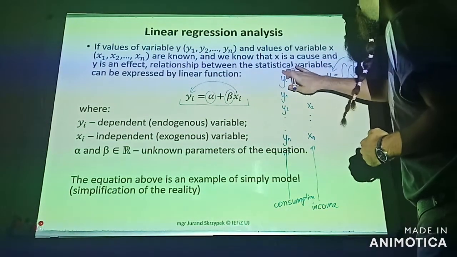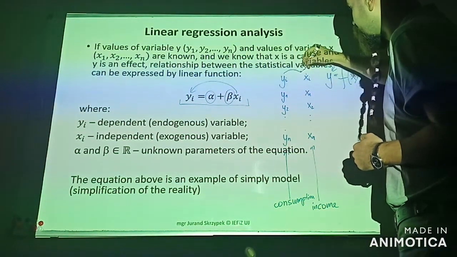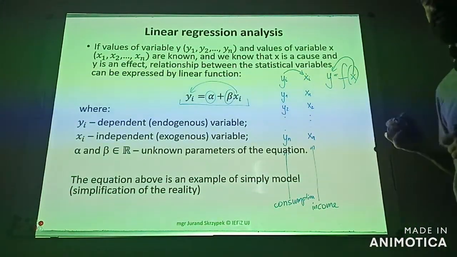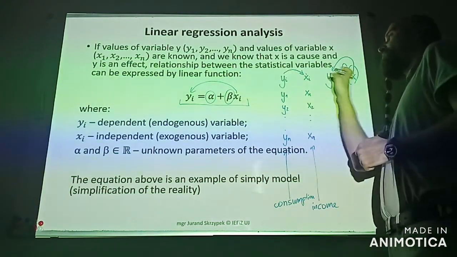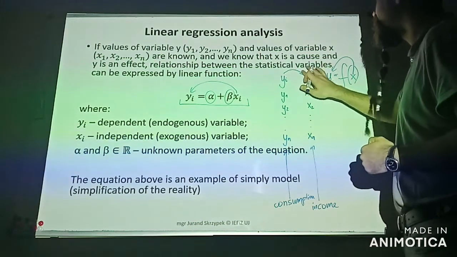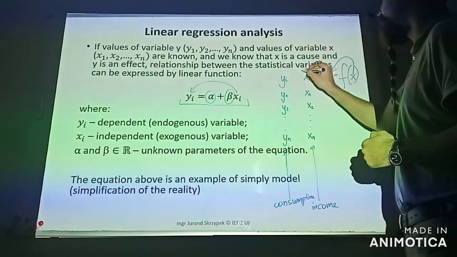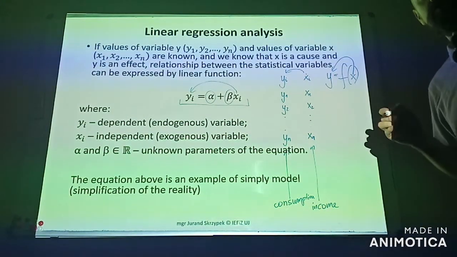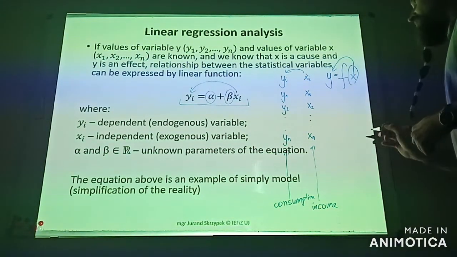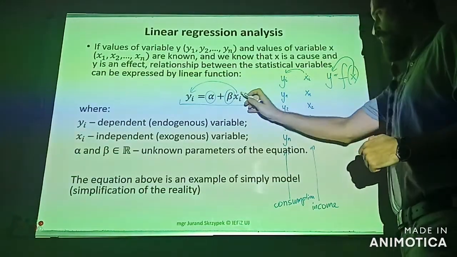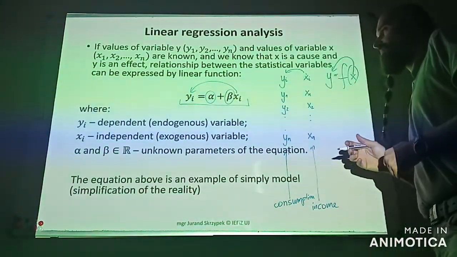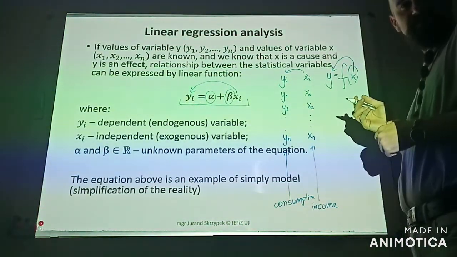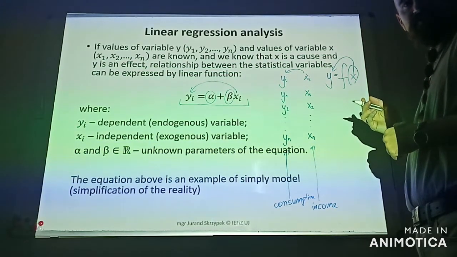Yeah? We can't describe this relationship in that side. X, income, determines the level of consumption, not inversely. Okay, so income has an influence on the level of consumption.